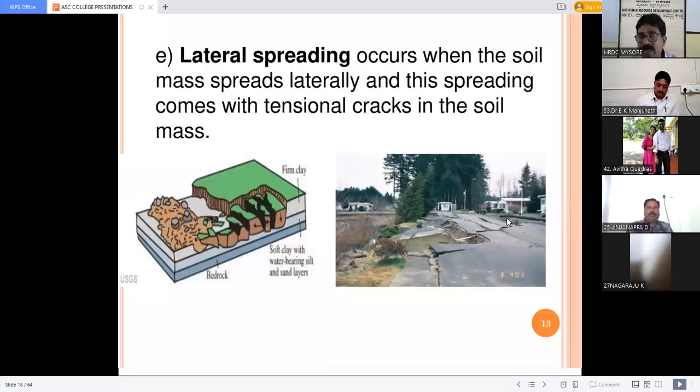Another type of landslide, common in villages and major cities, is called a lateral spreading landslide. There is confusion about it among civil engineers.